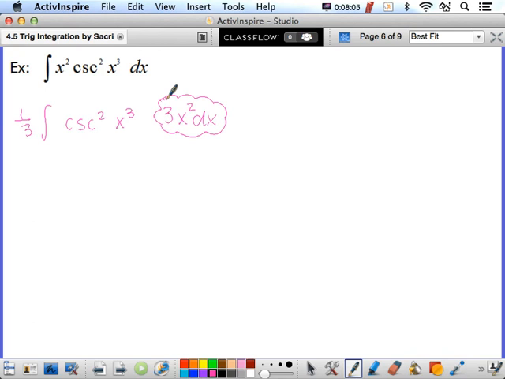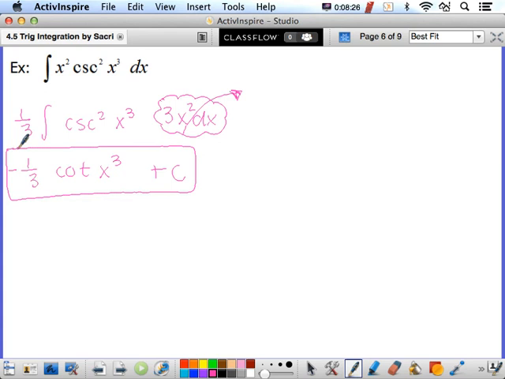I can reverse it to 1/3, and then the cosecant squared will integrate back to negative cotangent, and you just keep the angle as is. You don't have to do anything else to the angle. You will never apply the power rule to the angle. You'll never add 1 to the angle power. I know that one's a little confusing. We'll probably look at a couple more similar to that.